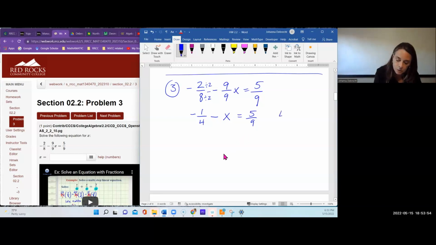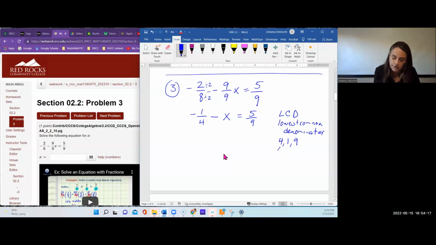Coming over here, we're going to try to find the lowest common denominator. When we're looking for the lowest common denominator, remember what you did in arithmetic. We had a 4, a 1, and a 9. A common denominator is just multiplying the two numbers together.